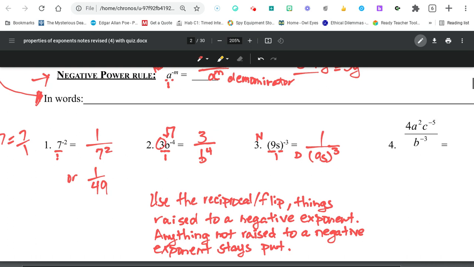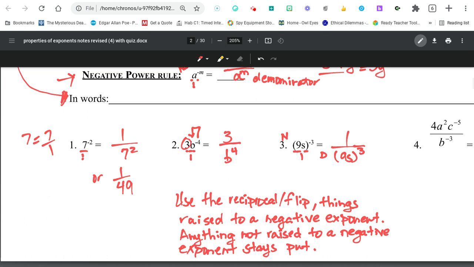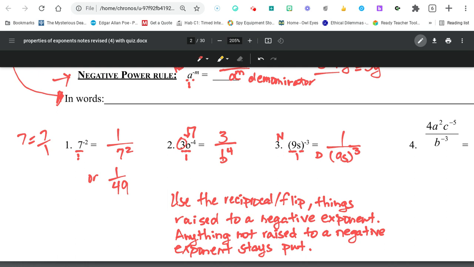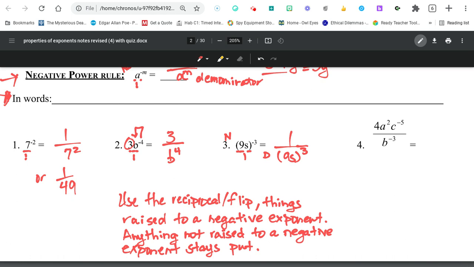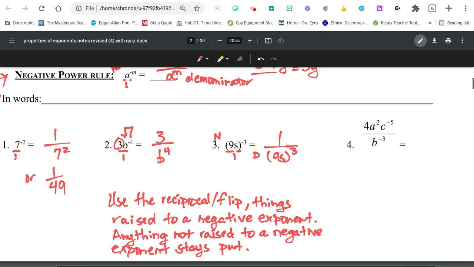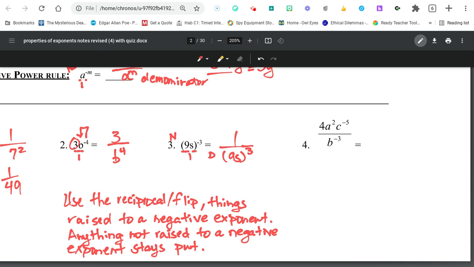Just leave it like that. I got rid of the negative. Guys, in a simplified expression, you can't leave a negative exponent. So if you're going to simplify an expression or your directions tell you to, get rid of any negative exponent that you see.